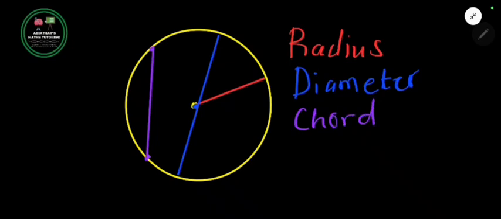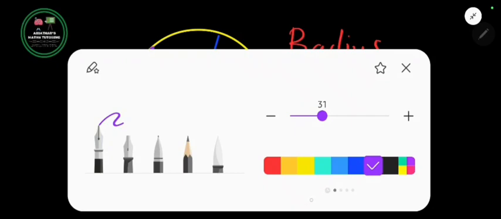Okay, a chord. And beside a chord, guys, we have a secant. Please do not confuse a chord and a secant. A chord and a secant are not the same, guys. Let me use a pink.